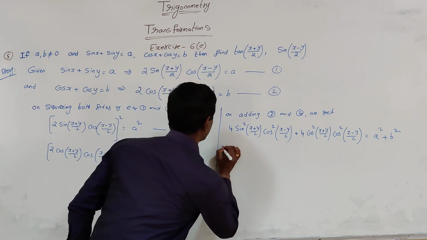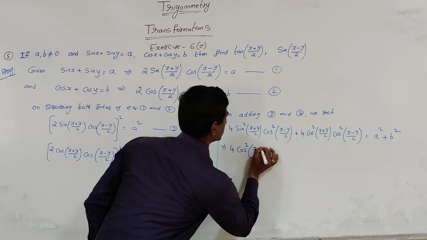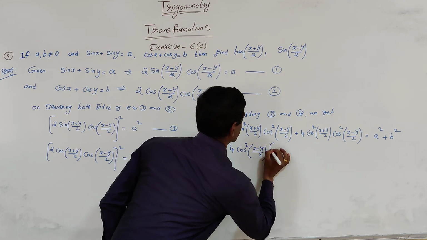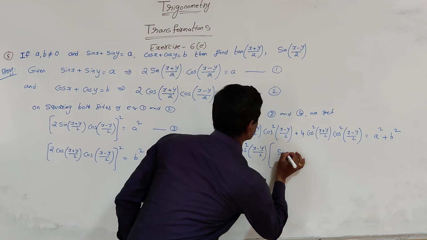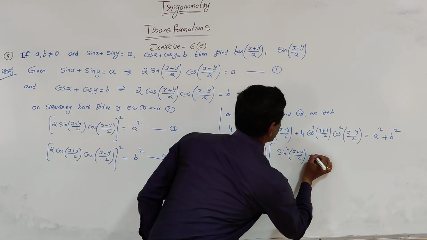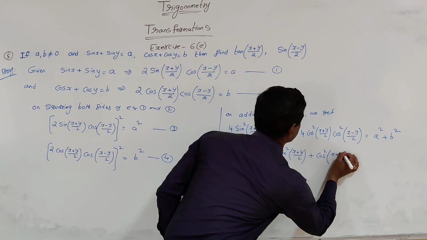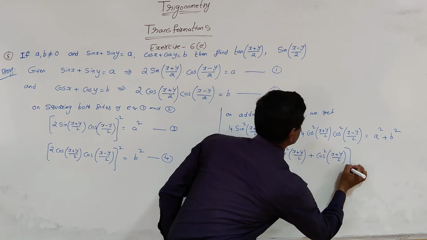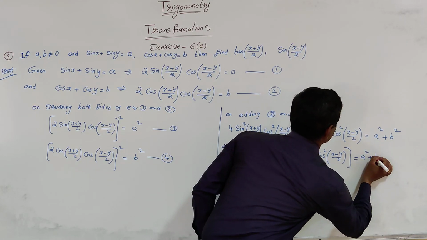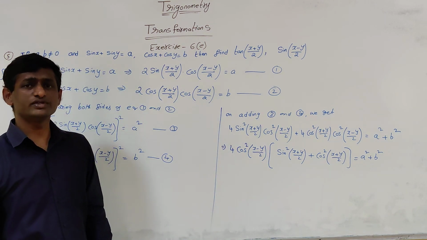So if you take the common 4 times cos square of (x minus y) by 2, it will be sin square of (x plus y) by 2 plus cos square of (x plus y) by 2, which is equal to a square plus b square. From the identity, sin square theta plus cos square theta is always 1.